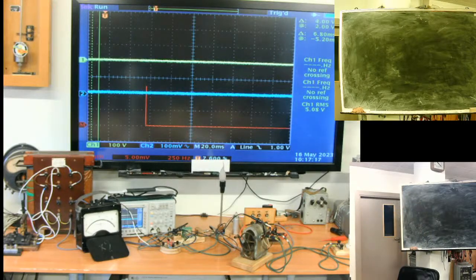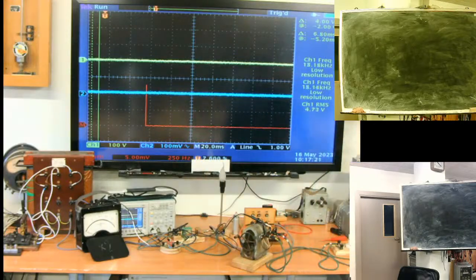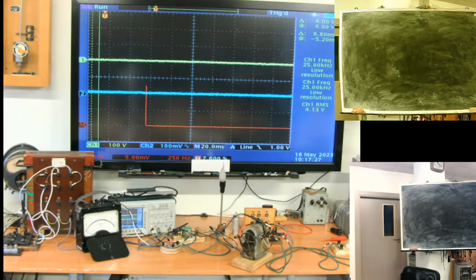Actually, where should we look? Generator. More generators. Focus on generators. For example, this one.